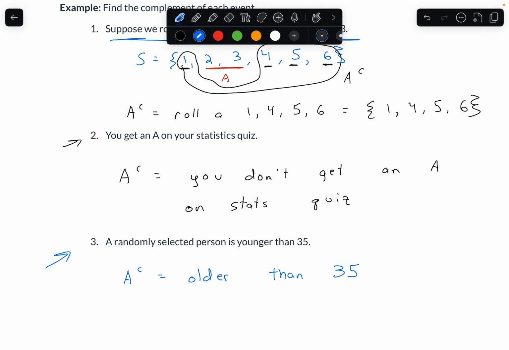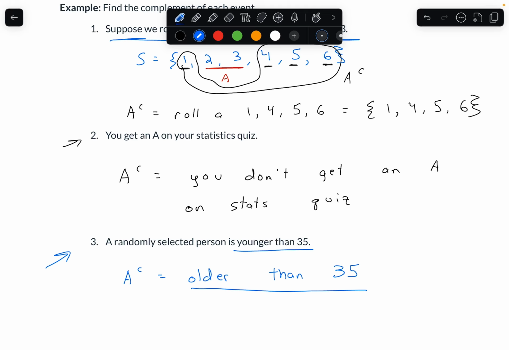Again, pause the video and think about why isn't this the complement? What's missing from this? One of the things I just mentioned in the second example is that between an event and its complement, it needs to cover every single possibility. Here we have a person is younger than 35. In the proposed complement, we have a person is older than 35.